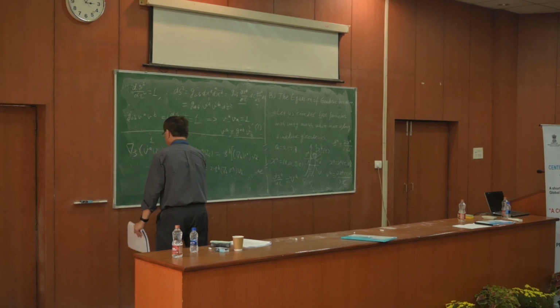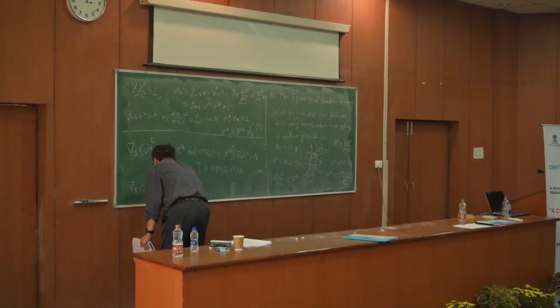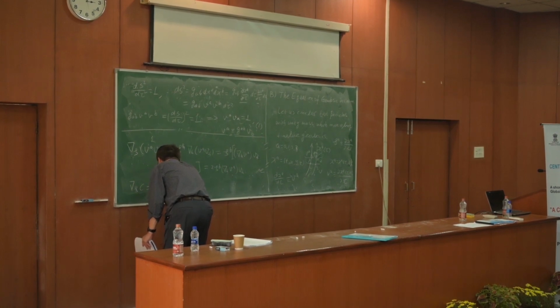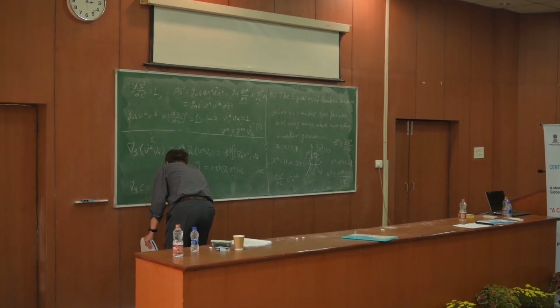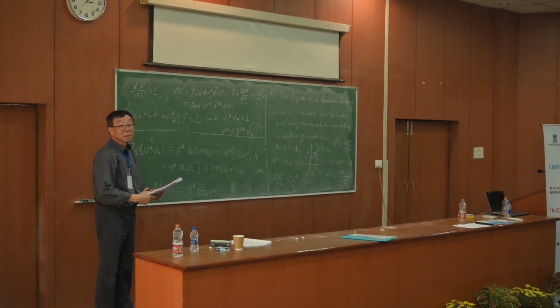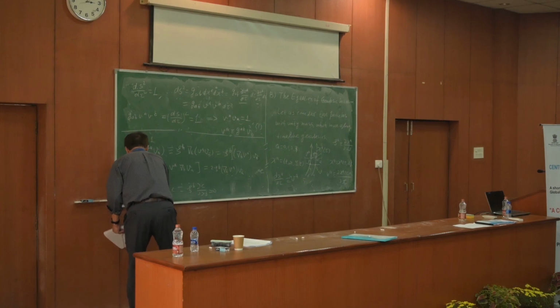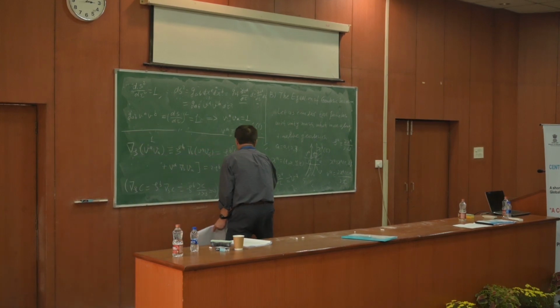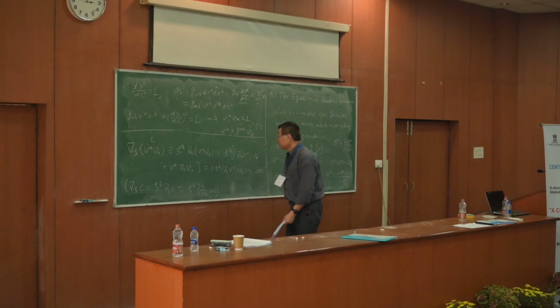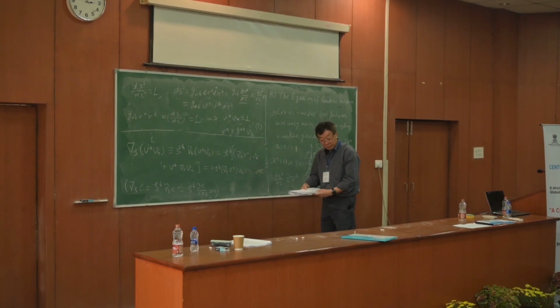If I have a C, the derivative of C is dC/dx, and of course this equals 0. The partial derivative of a constant is always zero, right? So this equals 0. We have the following.